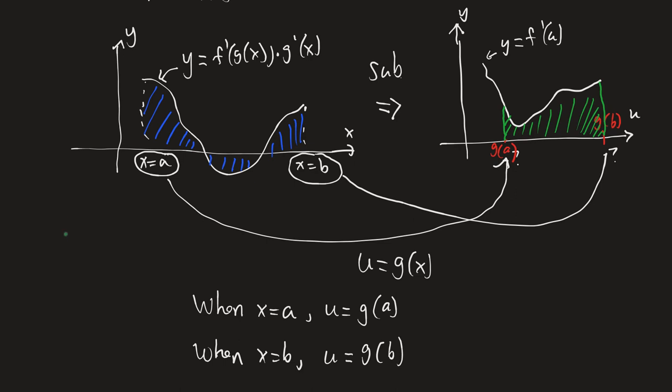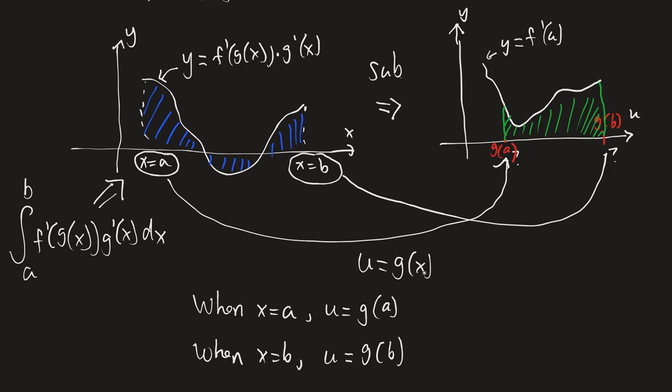So again, let me emphasize it now. The definite integral that goes with this picture is that one that we started with, right? So the limits on this side are a and b, and here is my function that's a little bit complicated, and we're integrating with respect to x. So that's this here.